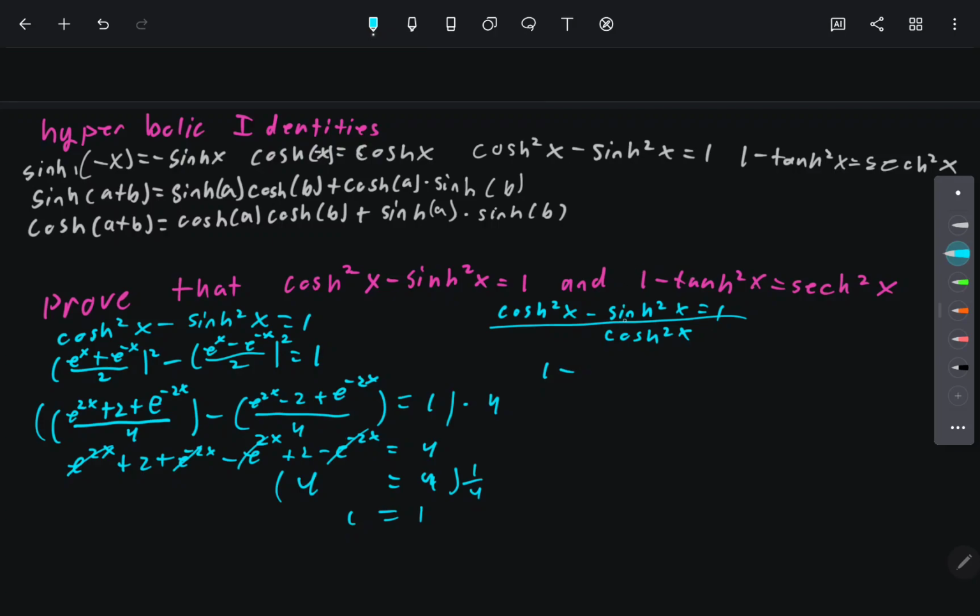The hyperbolic sine of x divided by the hyperbolic cosine of x is just tangent, so that will be the hyperbolic tangent squared. And finally, 1 over the hyperbolic cosine is just the hyperbolic secant, so we get an answer of the hyperbolic secant of x squared. Alright, and we've proven both expressions.